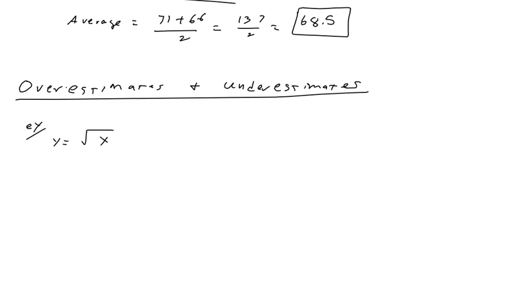This function looks like this, approximately, right? Maybe a little bit sharper, maybe more like this. It's a curve that goes like that. So we have our graph of the square root of x, right?